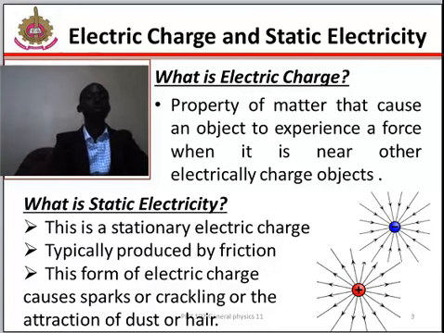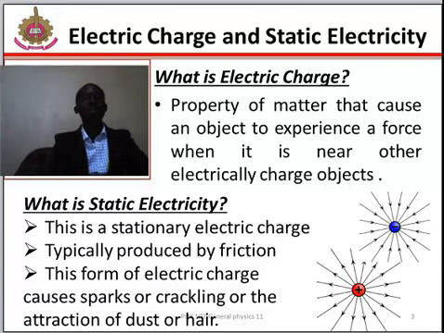So now let us talk about what static electricity is. Static electricity is a form of electric charge that is typically produced by friction, and this form of electric charge causes sparks or crackling or the attraction of dust.